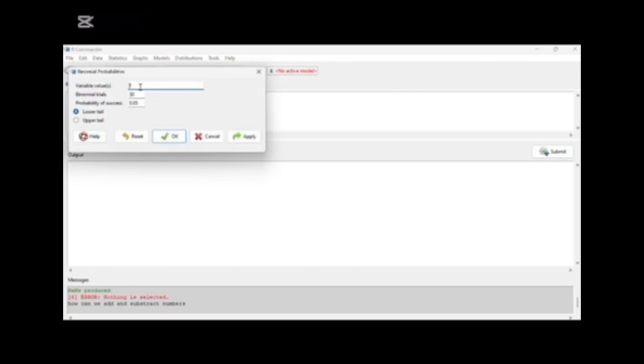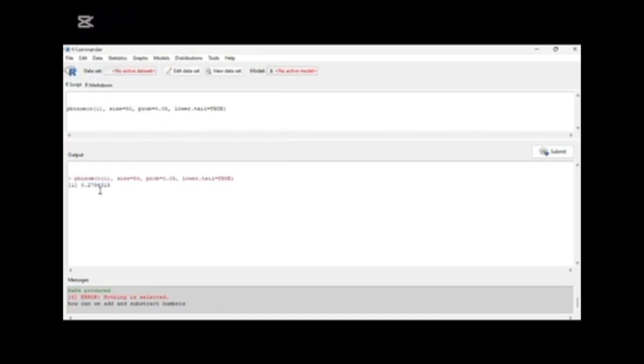The variable value is 1, the binomial trials, as stated, is 50, and the probability of success is 0.05. The result is 0.2794.